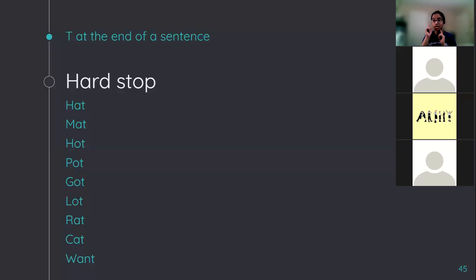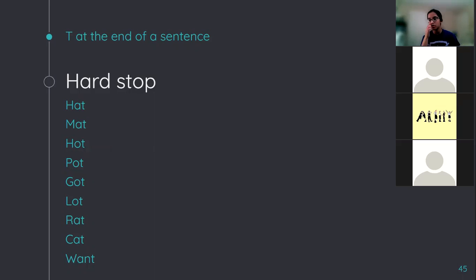So basically this is what I like to say: when your tongue touches the roof of your mouth, you stop. Rat. Cat. My tongue touches when I say cat, and then I stop. The next one is want. Can you guys say that? Want. Yes.